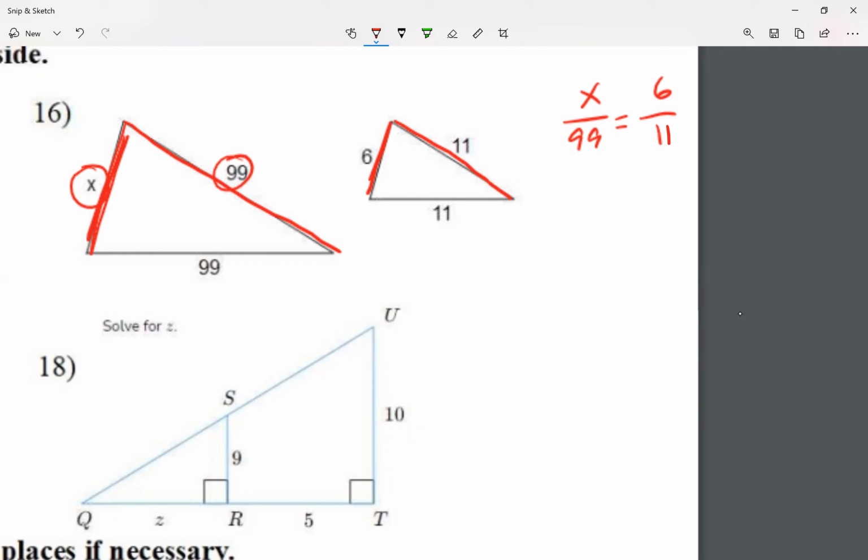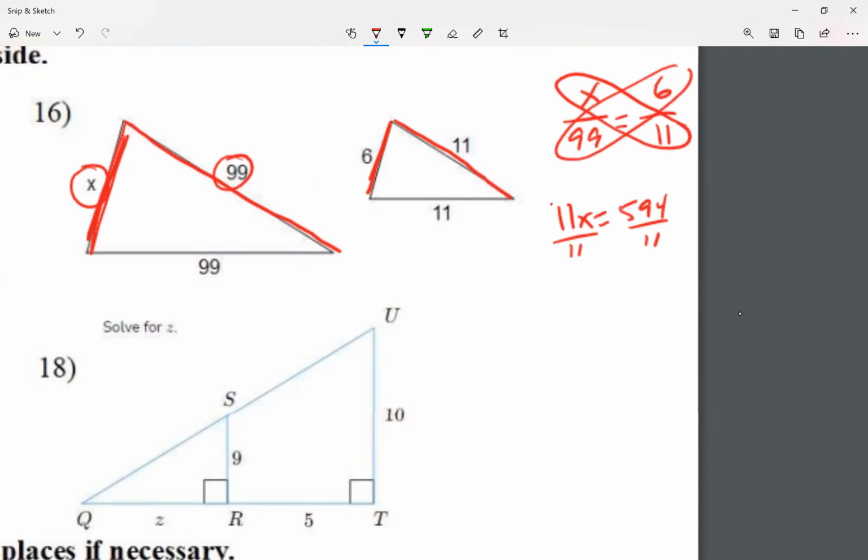So next to the 99, I'm going to write 11. And then I'm just going to cross multiply. 11 times x is equal to 99 times 6, which is 594. Now let me divide both sides by the number in front of x. 594 divided by 11 happens to be 54.